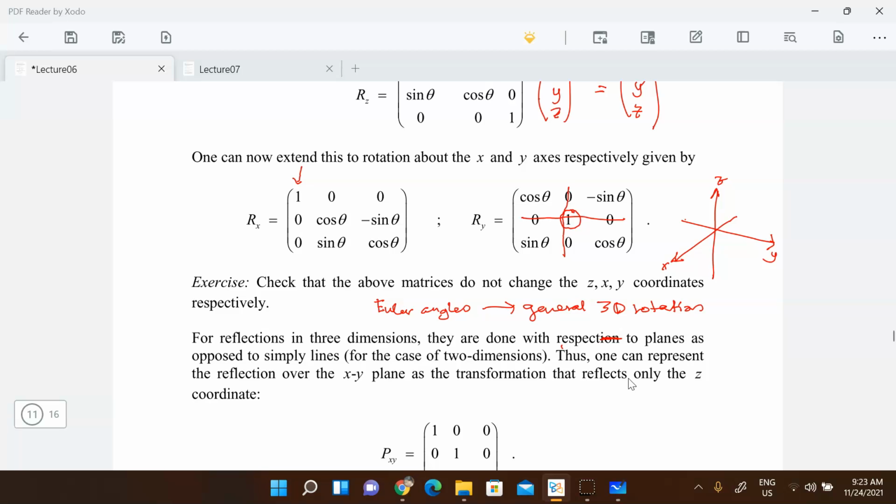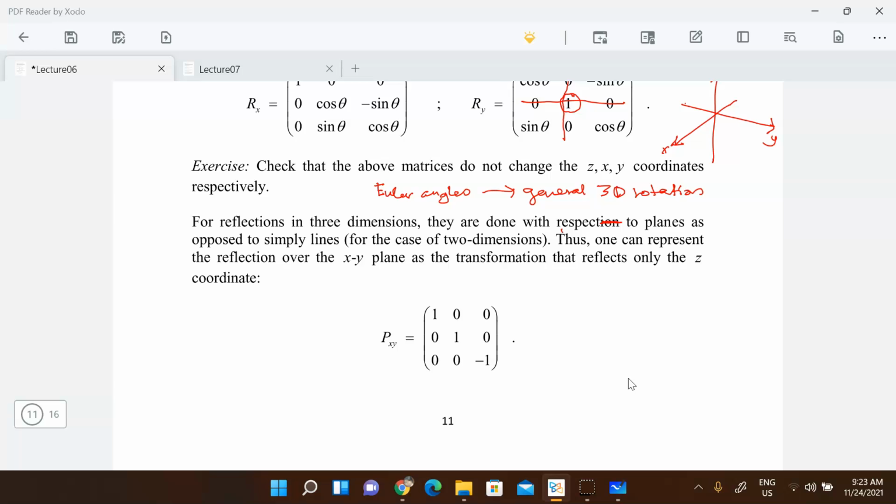So for example, here is the case of a three-dimensional reflection, and you can see that this block, which has a 1 there, doesn't change your x and y coordinates, but it changes your z coordinate.